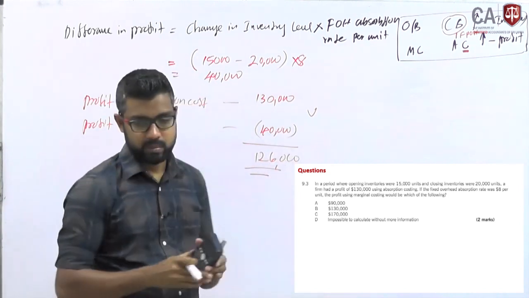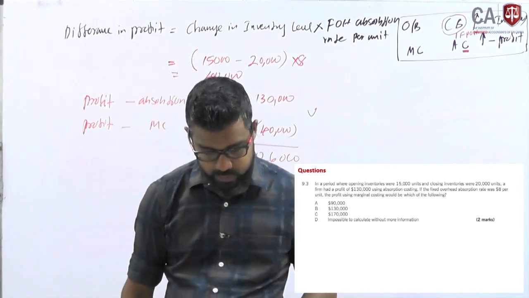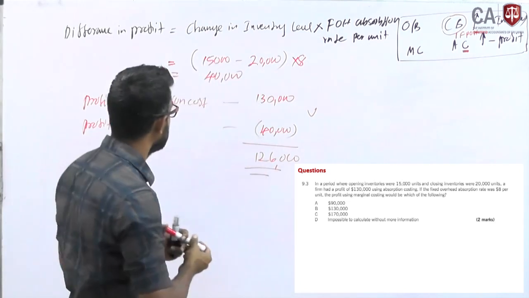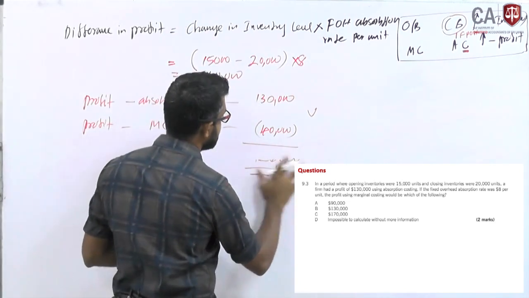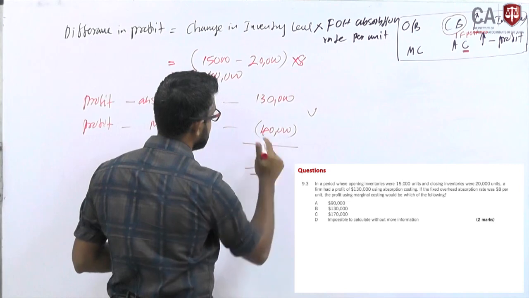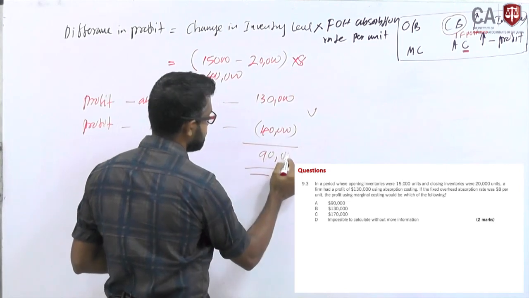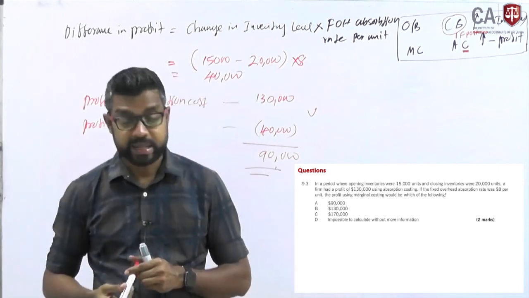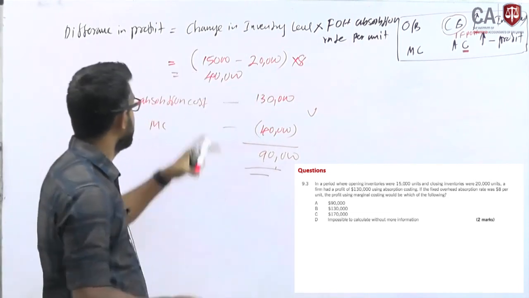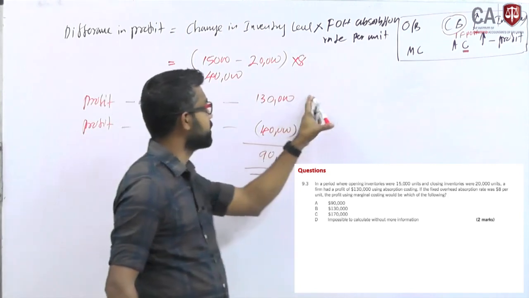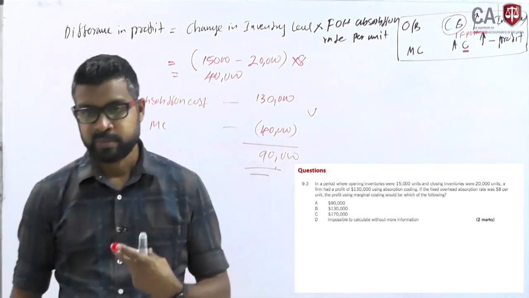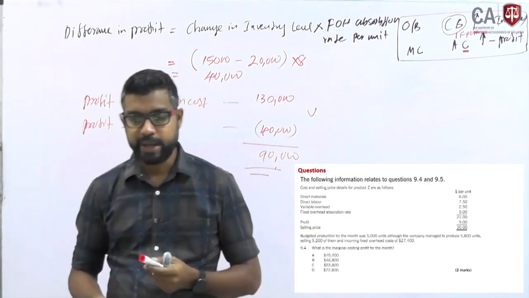Sorry, 130,000 minus 40,000 means 90,000. The correct answer is what? A. Inventory level increase, absorption profit should be higher, right? Fine. Logic I explained, right? Fine.